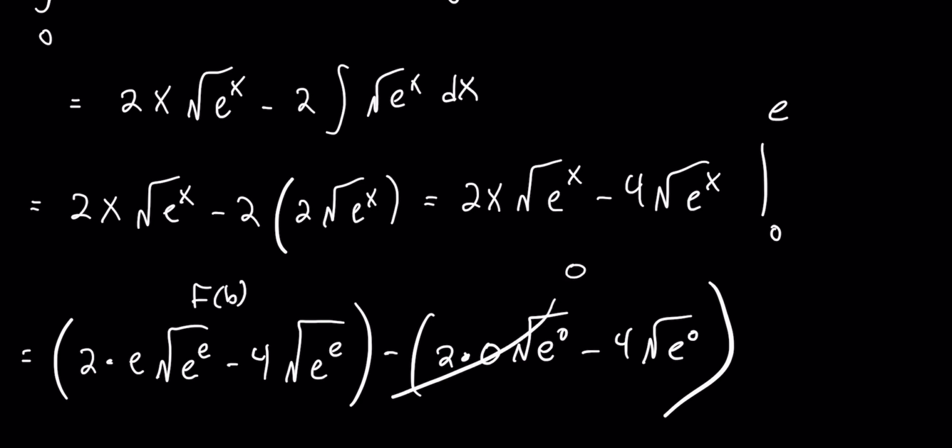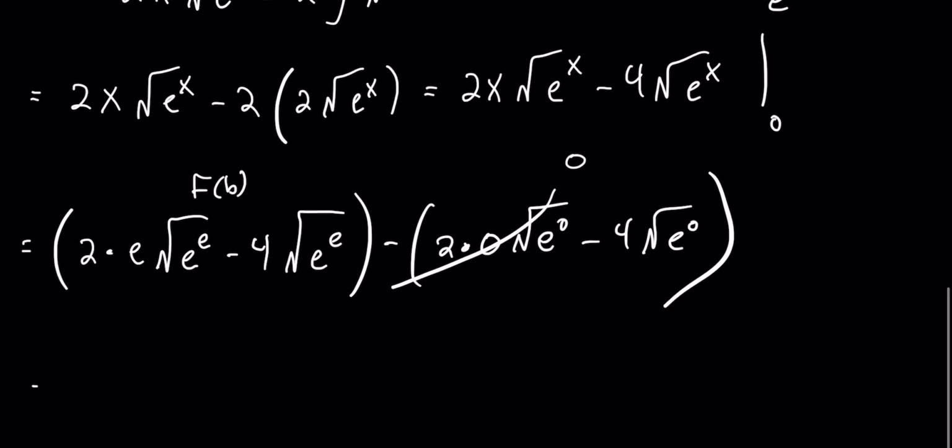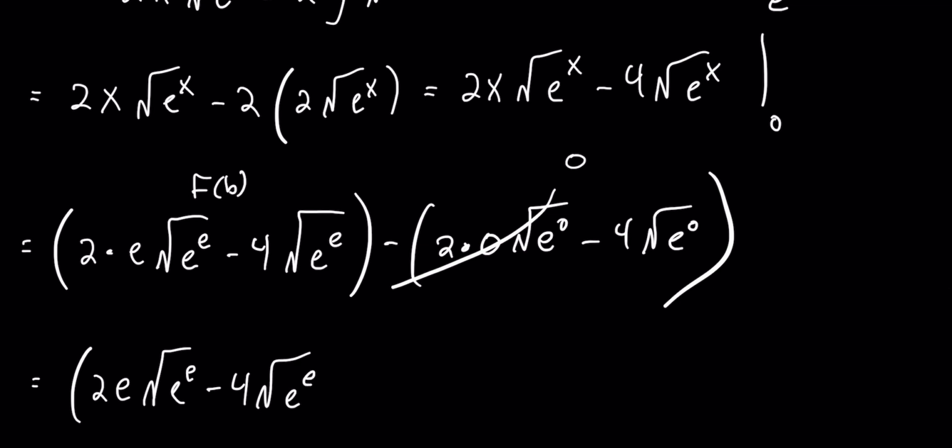And 0 times anything will go to 0. And we're left with 2e square root of e to the e minus 4 square root of e to the e. E to the 0 power is 1, and the square root of 1 is 1. And a negative times a negative will make a positive 4.